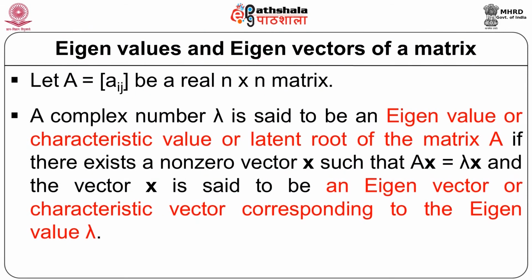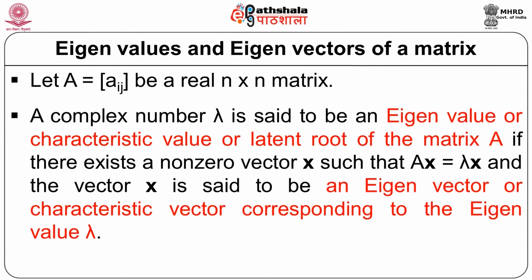So, what are eigenvalues and eigenvectors of a matrix, that we will discuss here. Let A equal to Aij be a real n cross n matrix. Aij's are the elements of the matrix A. A complex number lambda is said to be an eigenvalue, or equivalently we call it a characteristic value or latent root of the matrix A, if there exists a non-zero vector x bar such that A x bar equals lambda x bar.